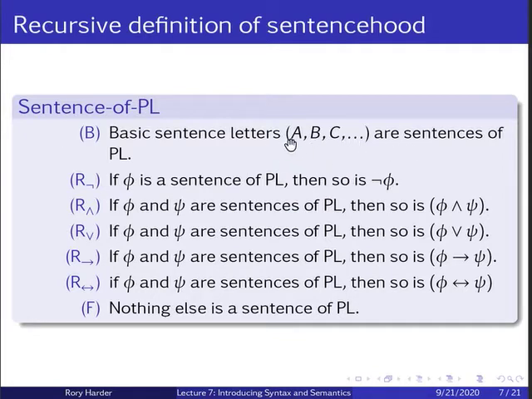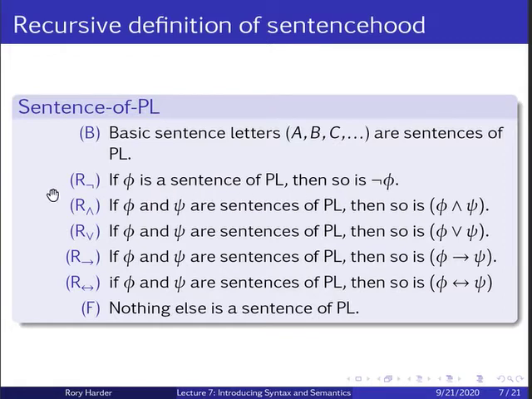We know that the sentence letter A is a sentence of our logic. And so because we know that A is a sentence of our logic by the first rule, we can then apply the second rule here to infer that not A is a sentence. So we've just applied our first rule and the rule for negation to infer that we have a sentence not A.